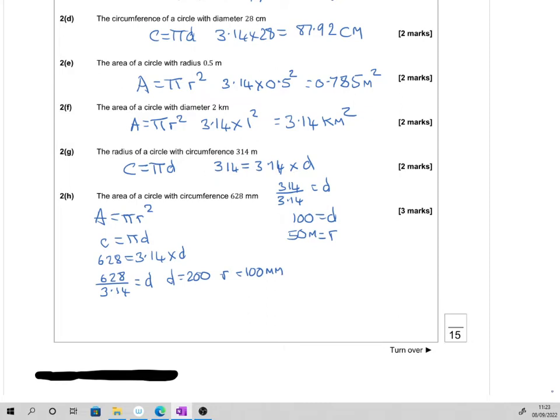Now we've got to find the area. So the area equals pi r squared. Now r is 100.